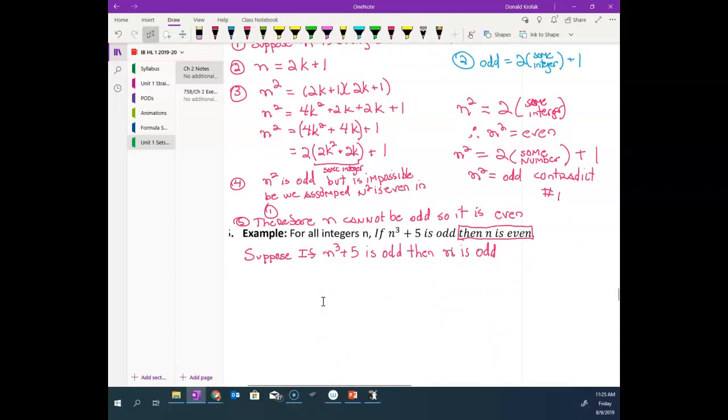So where would you work towards to create a contradiction? If you start off with n being odd, then n is going to be 2 times some number plus 1. That's what makes a number odd. Now, what are you going to do with that to create a contradiction? Yeah, and try to make it equal to what? And show that it's equal to what?